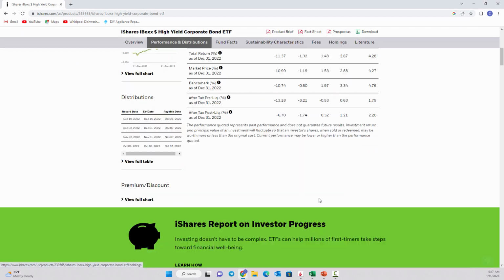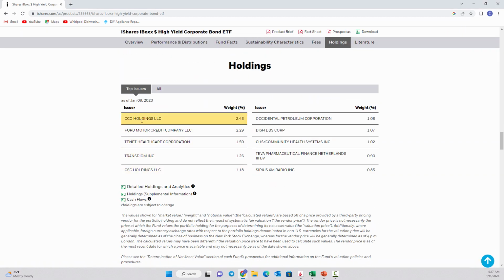If I go into the holdings, they'll actually tell me which corporations are in this and what weighting it is in the ETF. So for example, Ford has some bonds that are 2.29% of that ETF. Tenet Health, 1.5%. Occidental Petroleum, 1%. Dish, 1%. Teva, just shy of 1%, and so on.